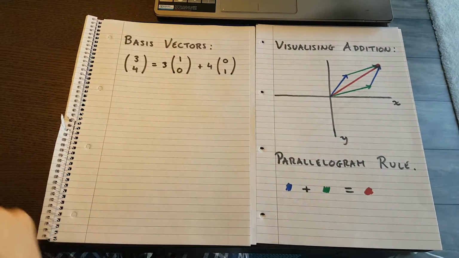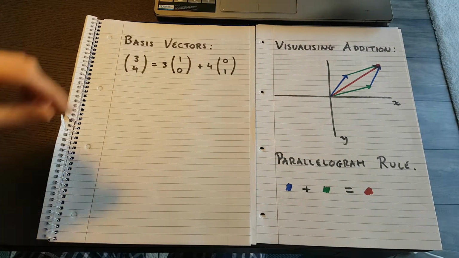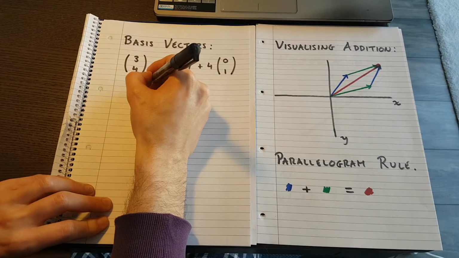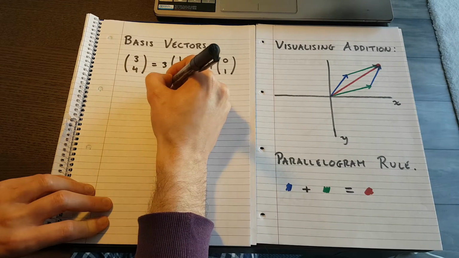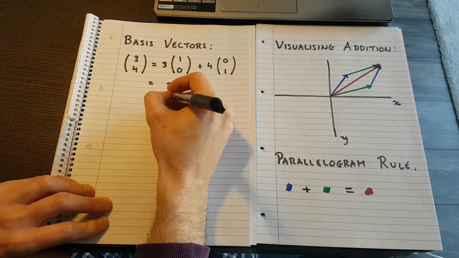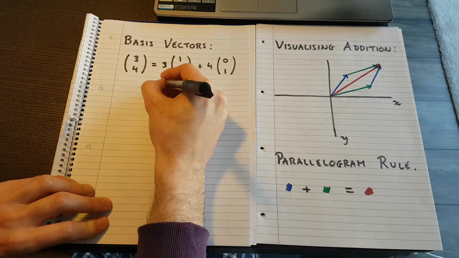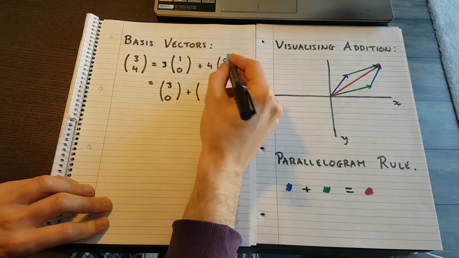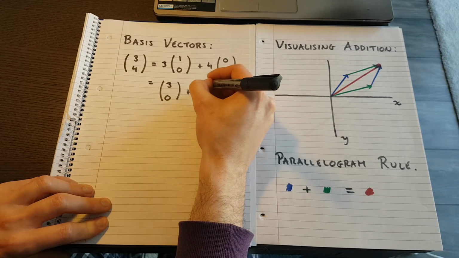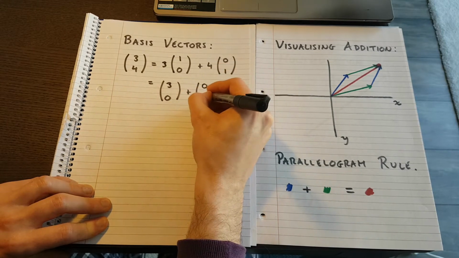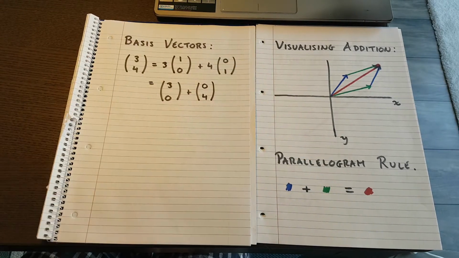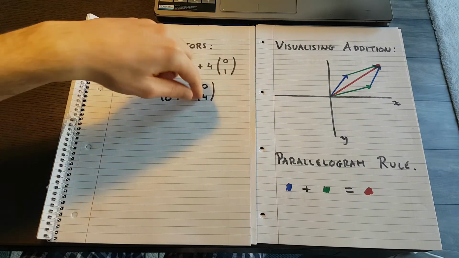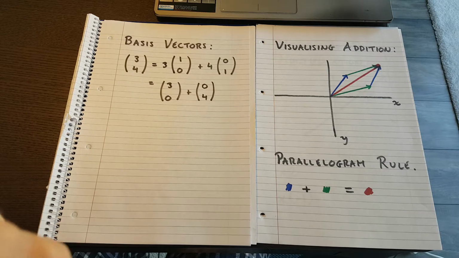Let's see what happens when I do that. I would have 3 times 1, which is 3, and 3 times 0, which is of course 0. And then 4 times 0, which is 0, and 4 times 1, which is 4. When I add both of those together, 3 plus 0 is 3, 0 plus 4 is 4, exactly as I have.